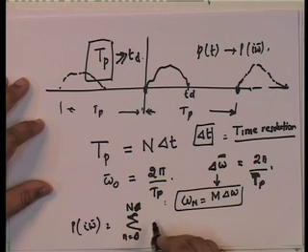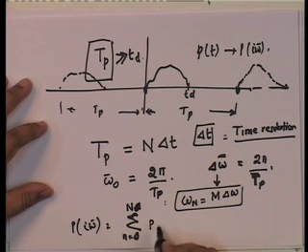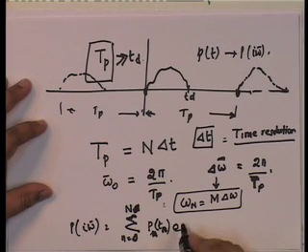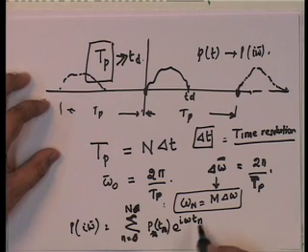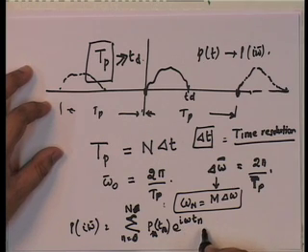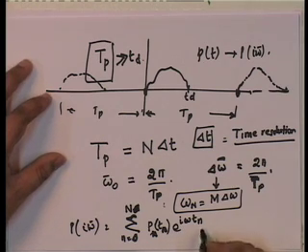Now, if you really look at it, it is p at t n, right, e to the power of I omega t n, because you note that this is all n. So, this p at t n, e to the power of I omega t n into what? Into delta t.